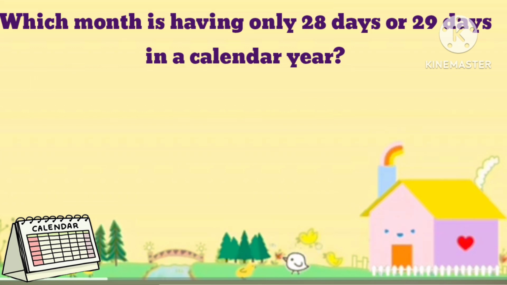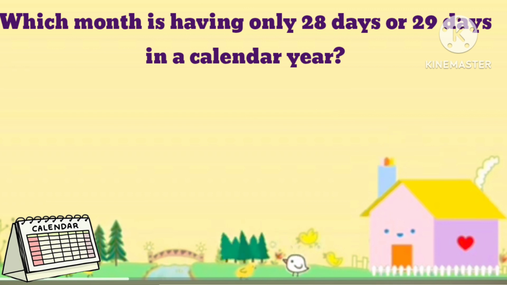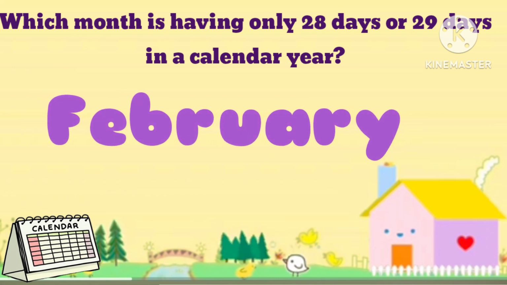Which month is having only 28 days or 29 days in a calendar year? Yeah, February. February is the only month which is having 28 days or 29 days in a calendar year.